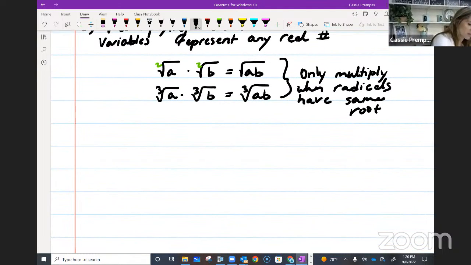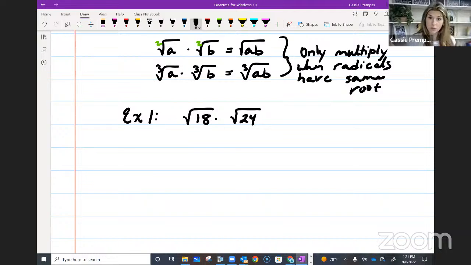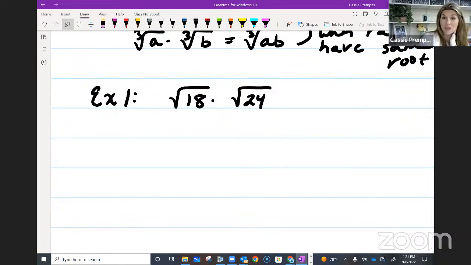Okay, let's get to some examples. So let's go ahead and call this example number 1. If I have something like the square root of 18 times the square root of 24. You could just multiply 18 times 24, but what if I gave you this on the non-calculator portion of the test, which I would? Well, then you would want to be looking at it and say, okay, what if I factored this first?